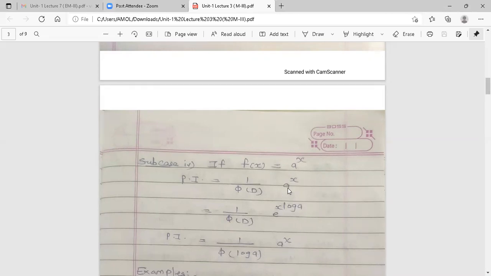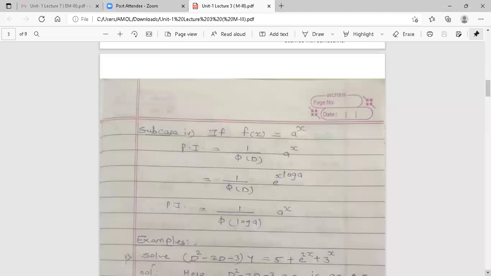Here we can write a raised to x as e raised to x into log of a, because if we write this a raised to the power x, the term will be e to the power log of a raised to x, and then the e and log functions cancel each other, and so you will get your original function a raised to x.